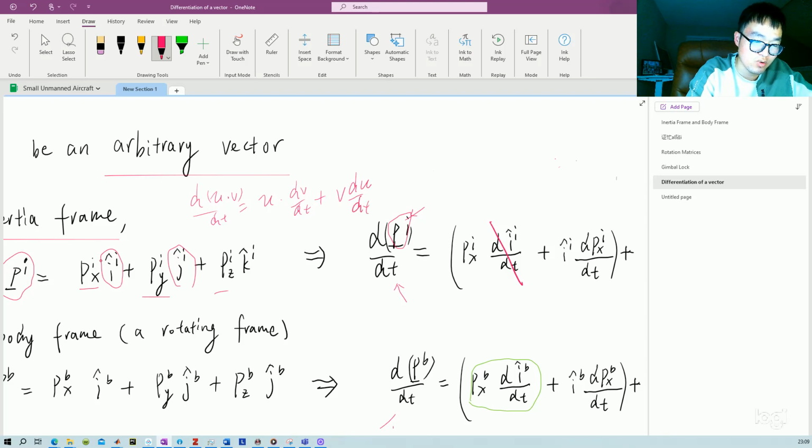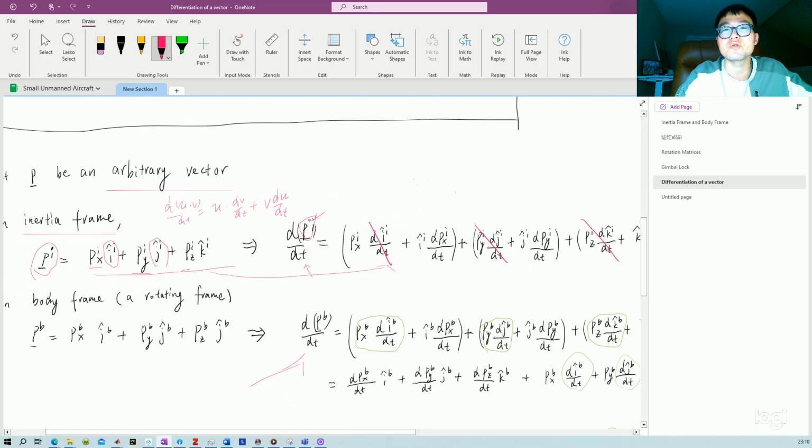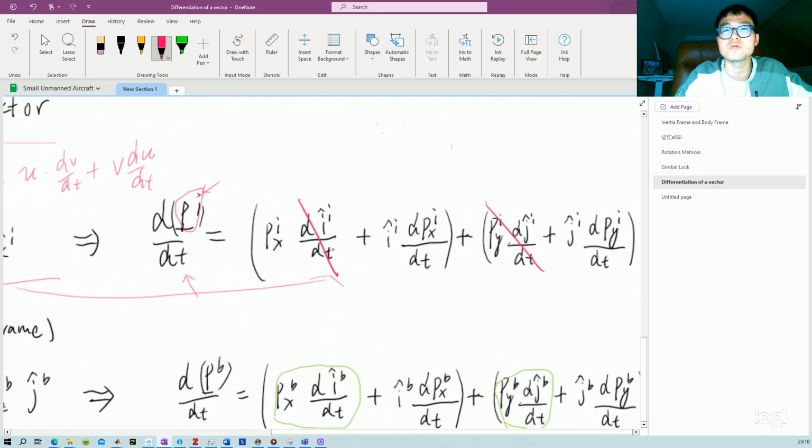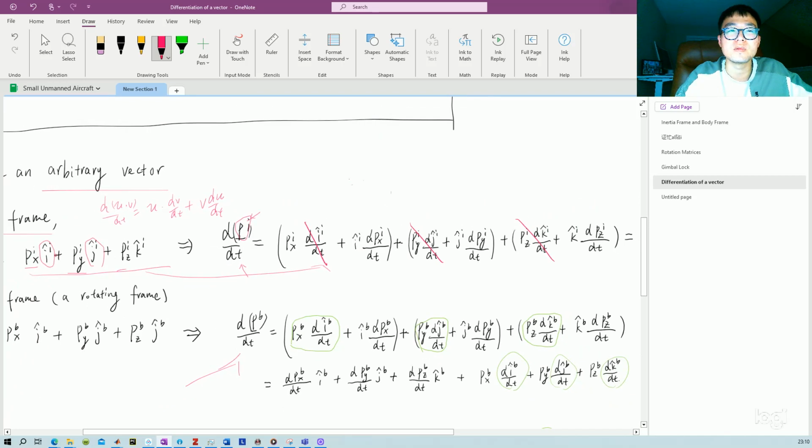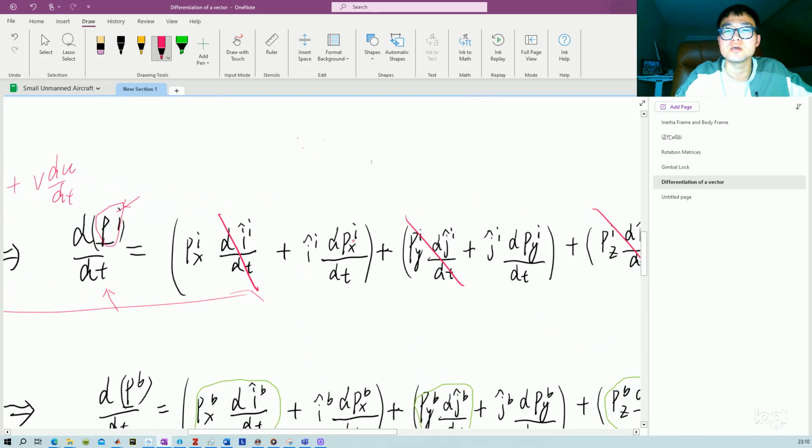We take this property and apply it here, so the derivative against time equals the time derivative of px plus this part times the derivative of the unit vector i.